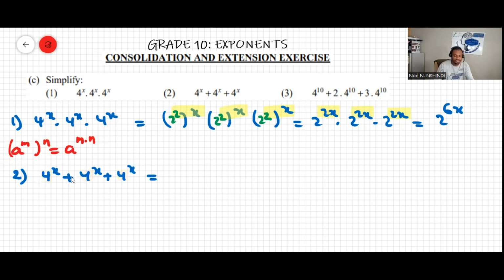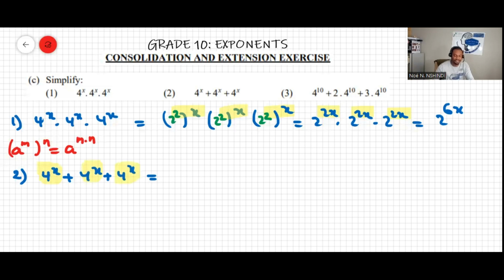First of all, the operation here is not a multiplication operation, it's a sum operation, they add. There is no specific rule for this among the laws of exponents. But in this case, I'd like you to consider it as the same thing. So this is the same as that, same as that.